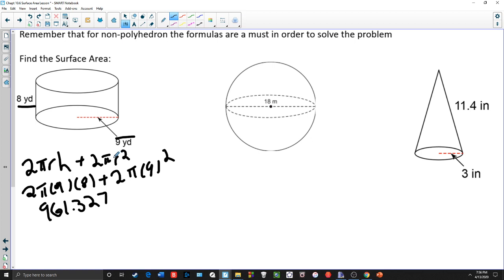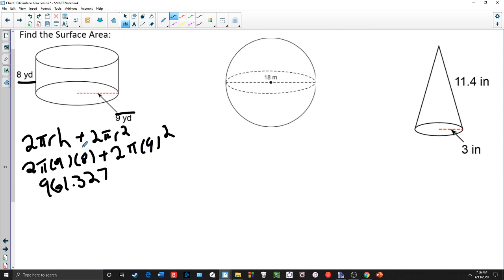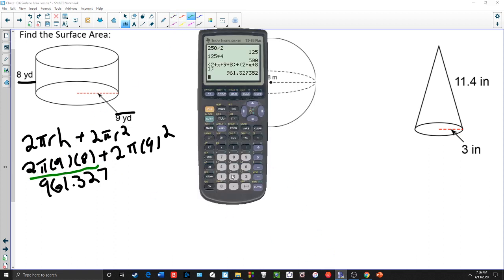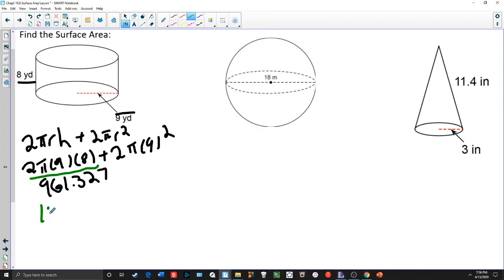Now, if they wanted this in terms of pi, so say they said, write your exact answer in terms of pi, do not round, what you would do is find this piece first without using pi. So I would do 2 times 8 times 9, or 9 times 8, doesn't matter. I get 144, so this would be 144 pi, plus, and then I would do this piece right here, once again, not including the pi.